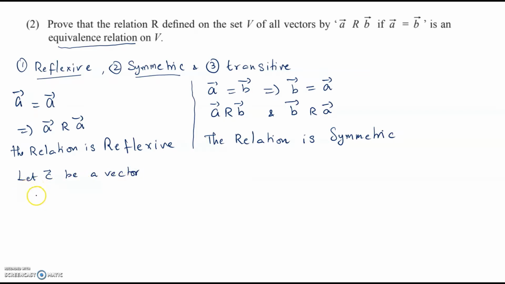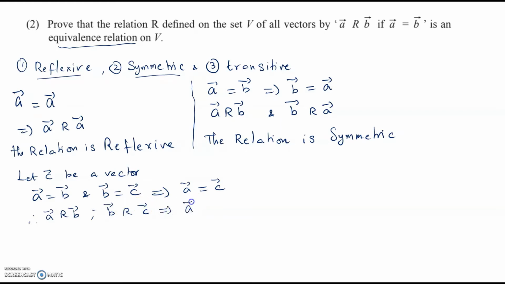And if vector A is equal to vector B, and vector B is equal to vector C, then this would imply that vector A is equal to vector C. This can be shown. So therefore, A is related to B here, and B is related to C, which implies that A is related to C.